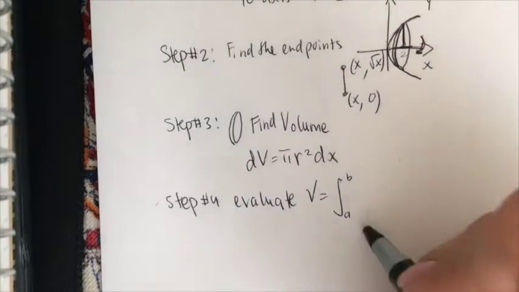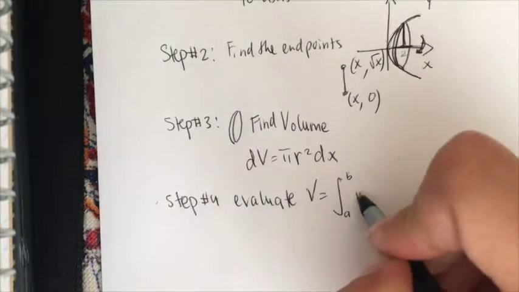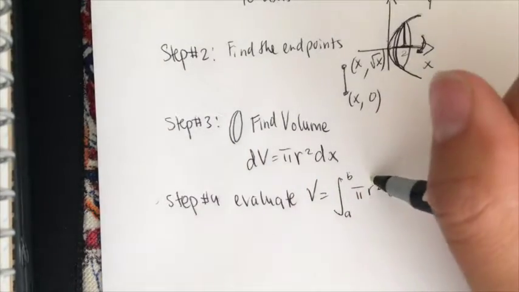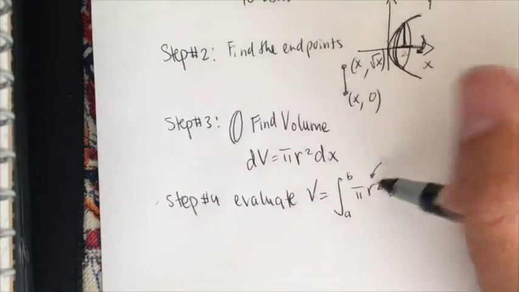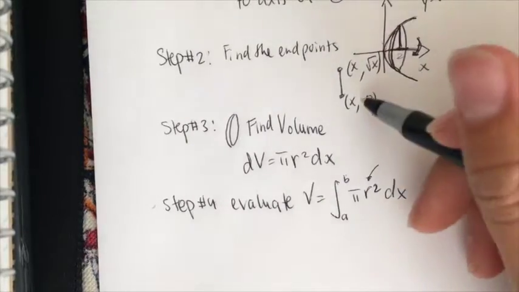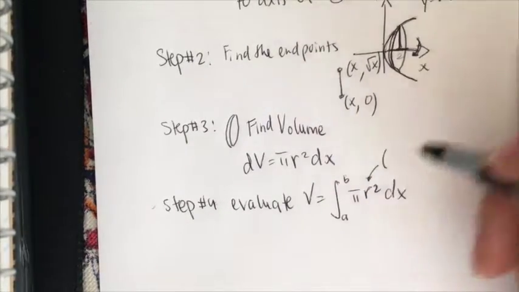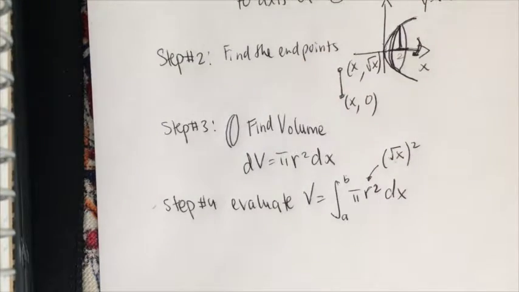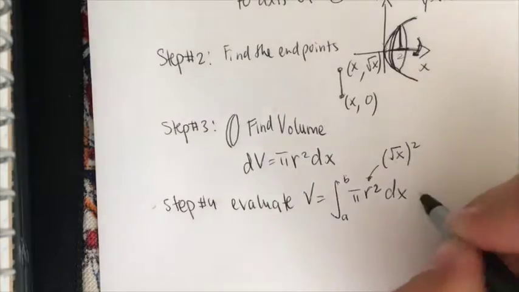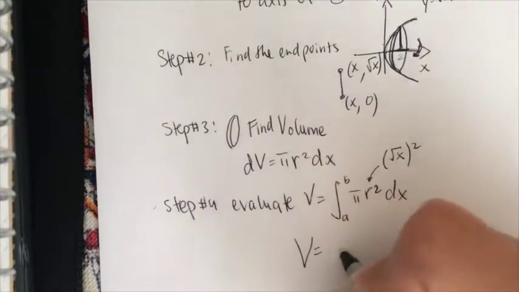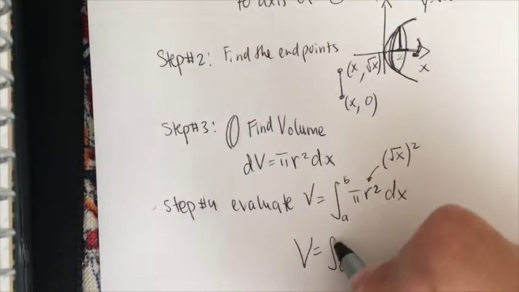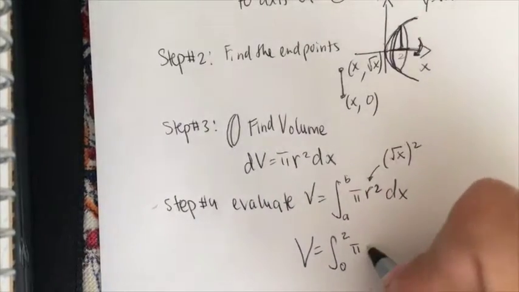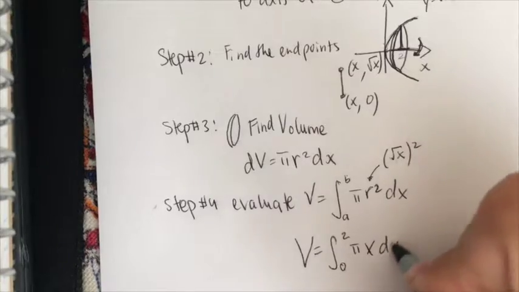So from 0 to 2, pi r squared dx. In order to find our r squared, we will use our endpoints, so it will be square root of x squared. And therefore we'll have volume equals the integral from 0 to 2 of pi x dx.